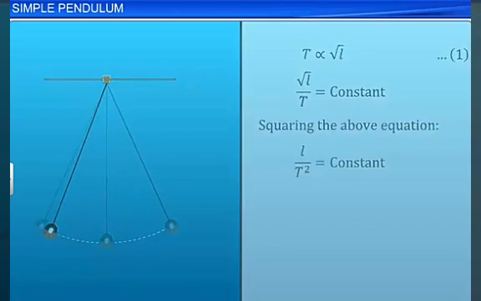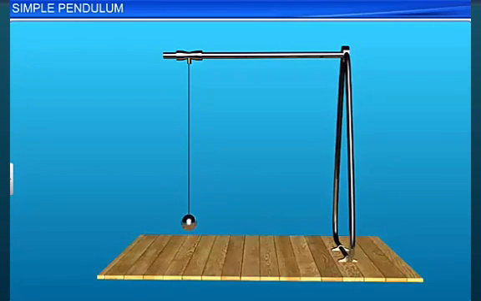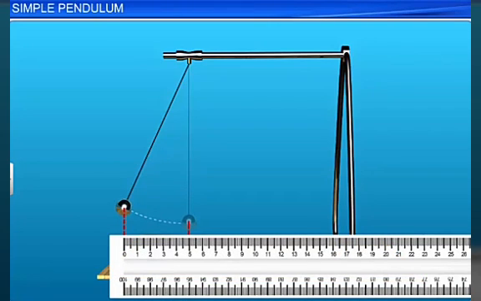Set up the pendulum with a metallic bob as in the experiment to verify the first law. Select a length, say 50 centimeter. Pull the bob to a side such that the amplitude of the pendulum is not greater than 5 centimeter, and then release it.